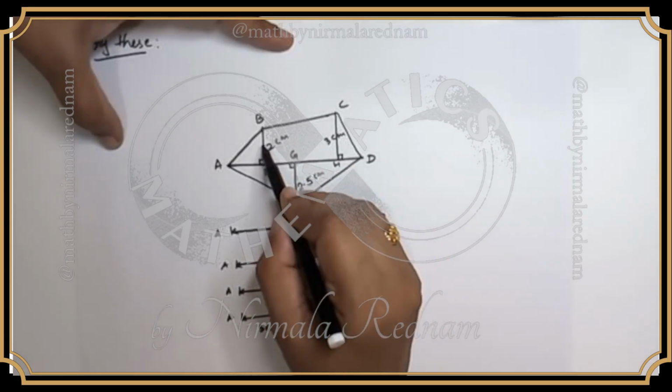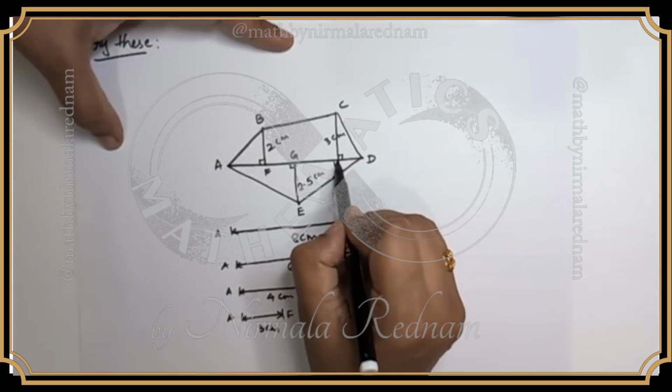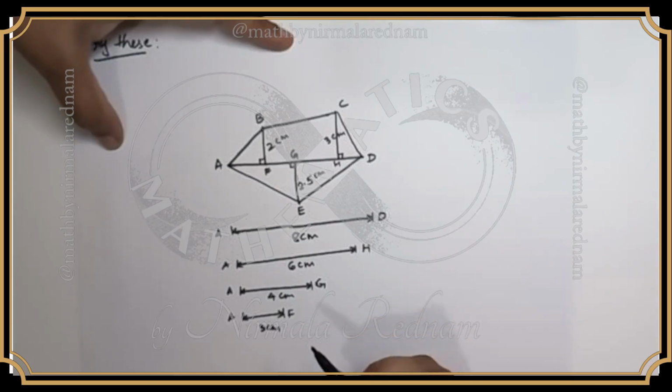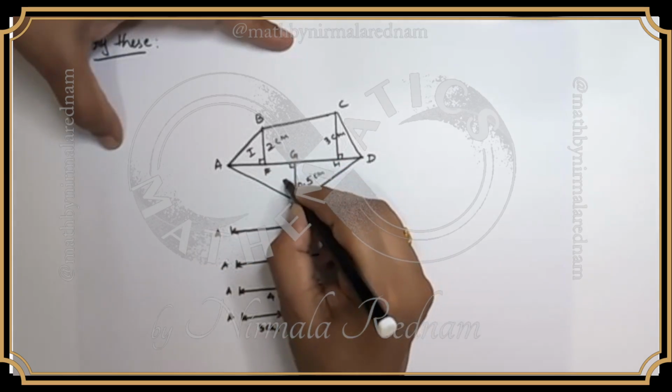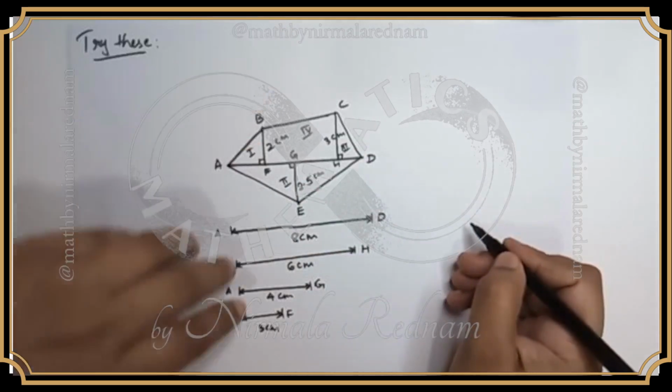This is a trapezium because BF is parallel to CH and FH is the height, the perpendicular distance between this parallel pair, which can be found out from the given information. So I'm going to name them as 1, 2, 3, 4, right?